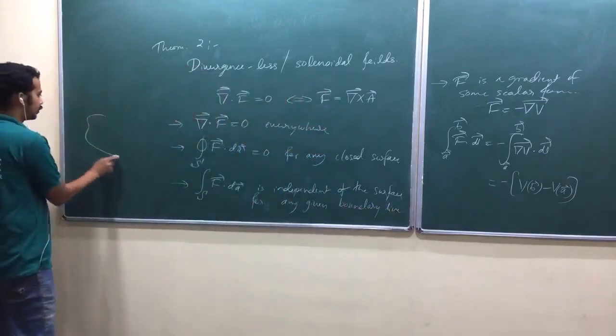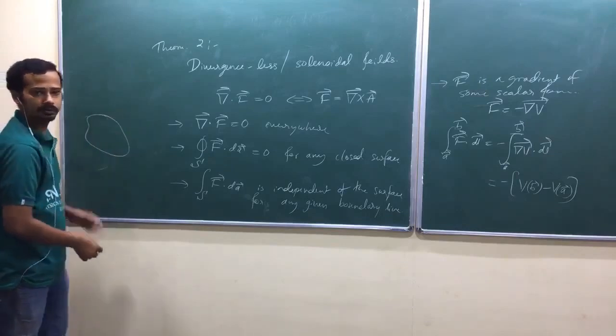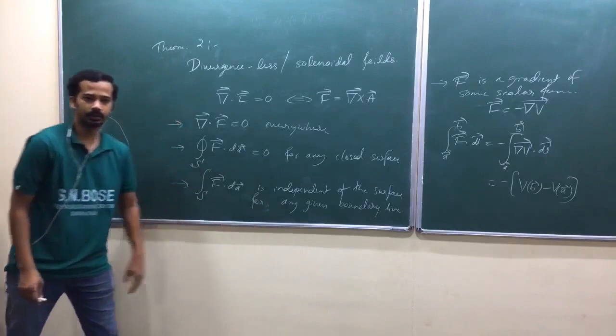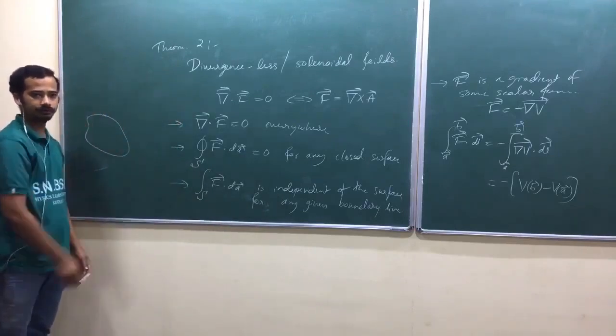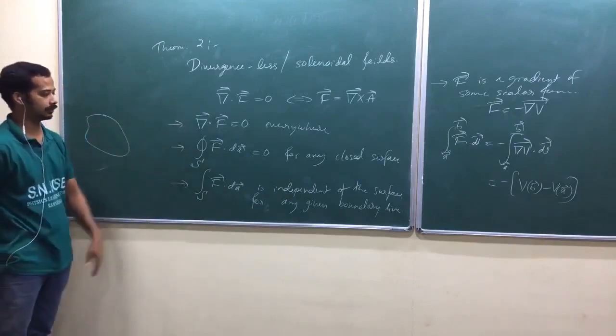Is that okay? So take one closed loop, take any surface whose boundary is this closed loop. So this surface integral is independent of the surface chosen for a given boundary line. Is that okay? So that is in the case of a divergenceless field.